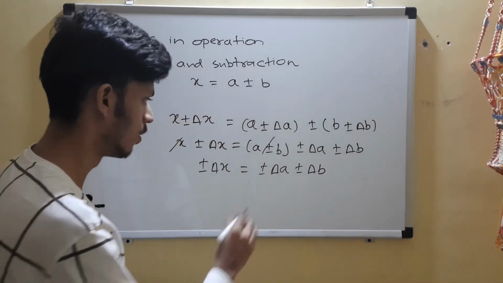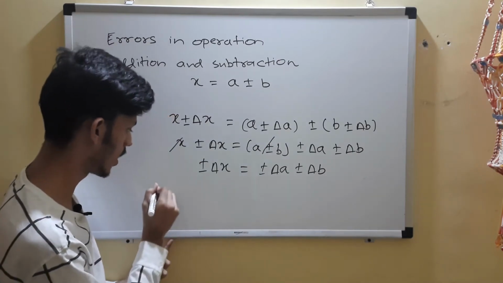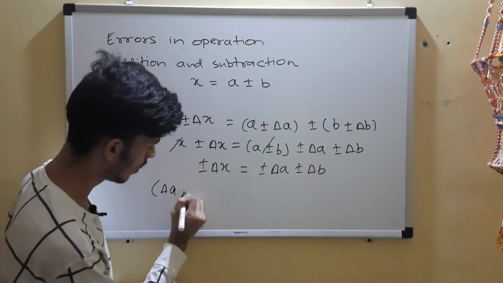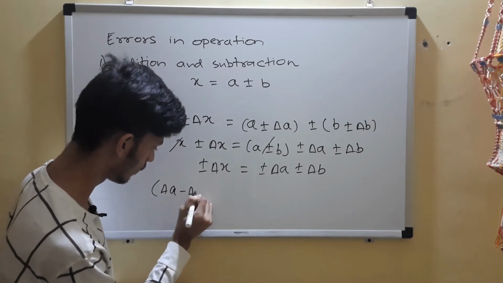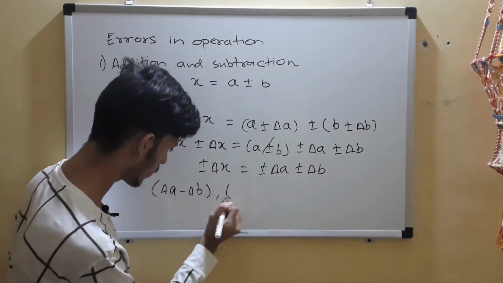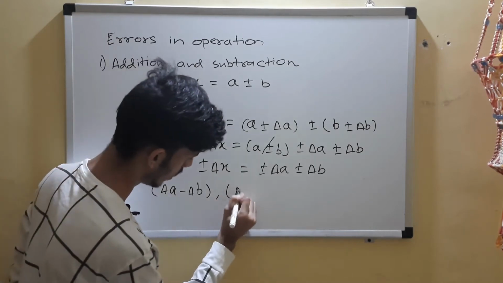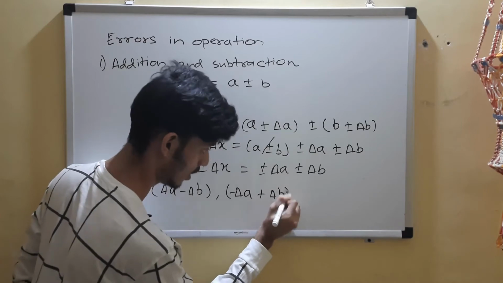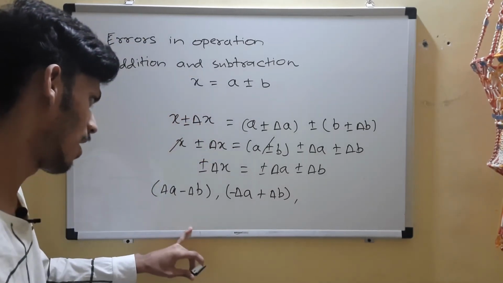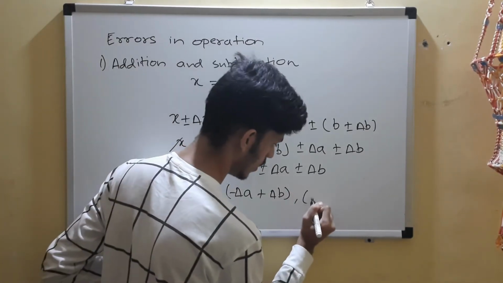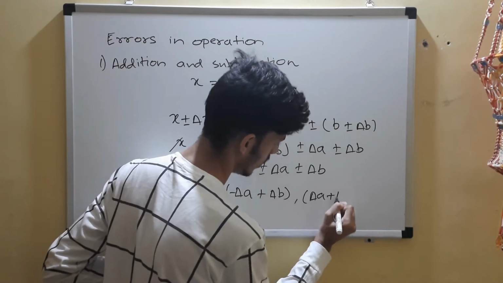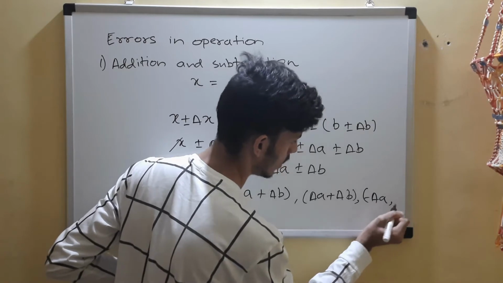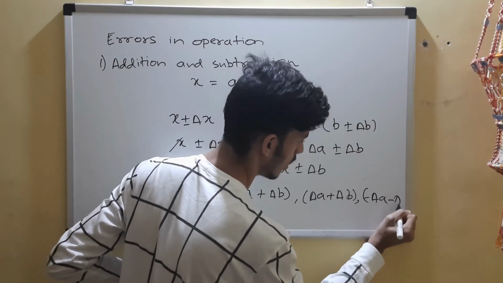But let's simplify this. What pairs can we have? Either a can be positive and b negative, or a negative and b positive, or we can have both positive, delta a plus delta b, or both negative, minus delta a minus delta b.